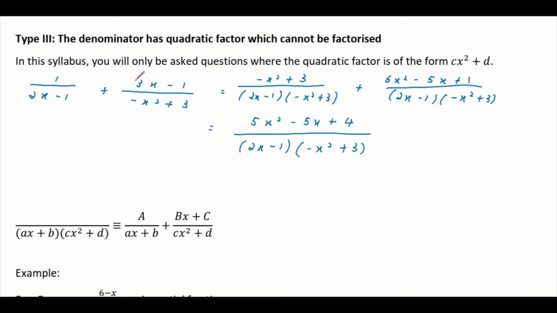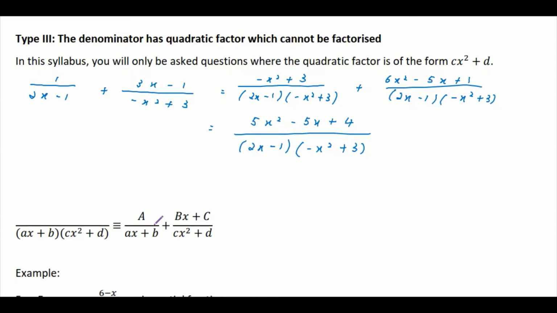Because what we are trying to solve here is only a proper algebraic fraction, you will not have a numerator whose power is bigger than the denominator. I already know that here the power is 2, so for any quadratic denominator, my numerator is going to be linear or even a constant. If it's a constant, meaning that the term for x is 0.